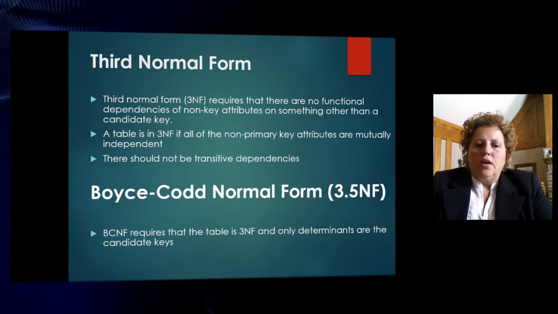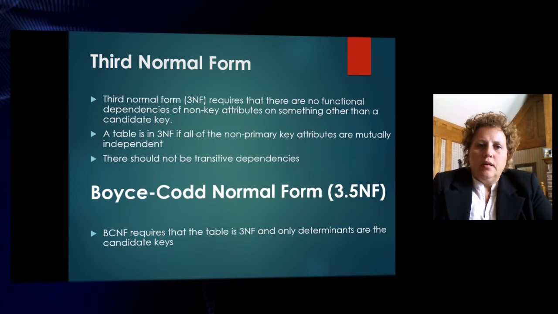The BCNF, or 3.5, was established to deal with some data anomalies that weren't covered in the third normal form, 3NF, and it requires that it first progressively be in third normal form and that only the determinants are the candidate keys.